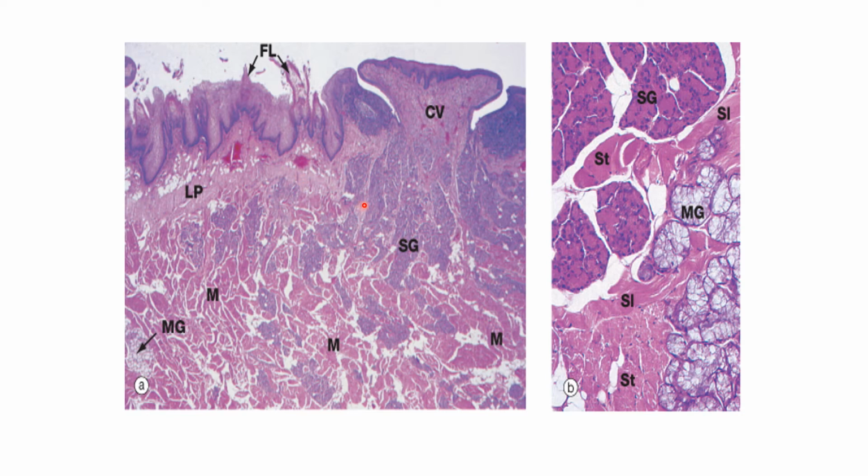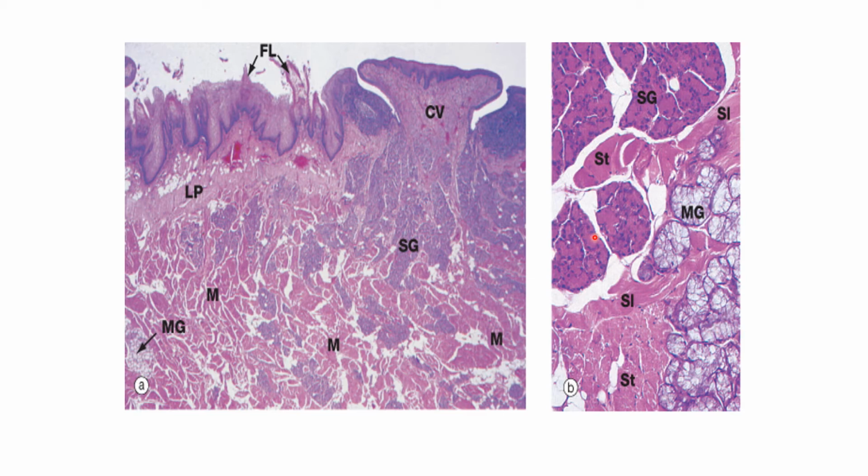And opening into the cleft, we have serous glands, which are also called von Ebner's glands. Muscle fibers are running in all directions. In between the muscle fibers and the connective tissue, we have a few mucus glands also in the tongue.